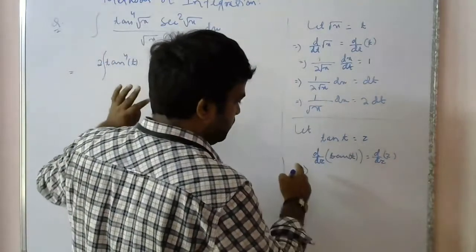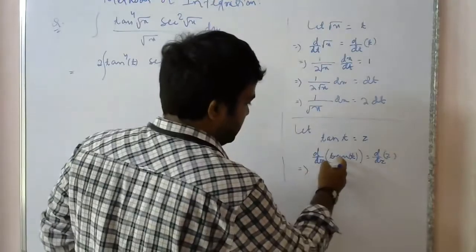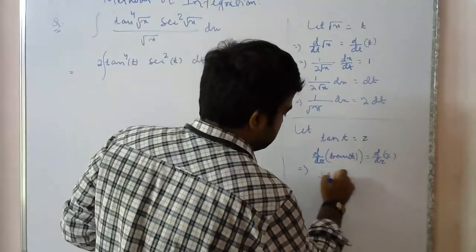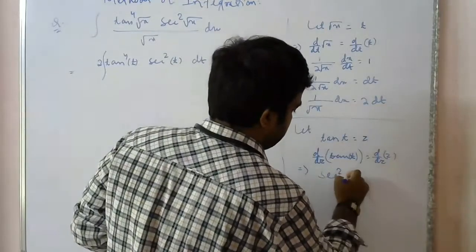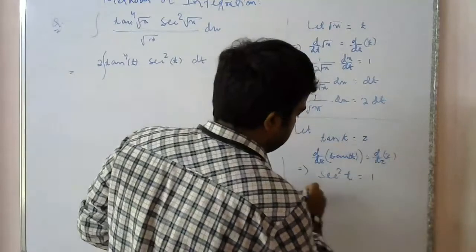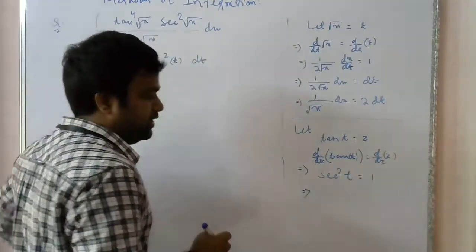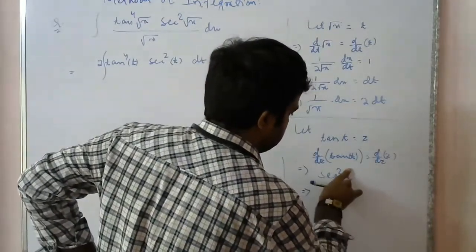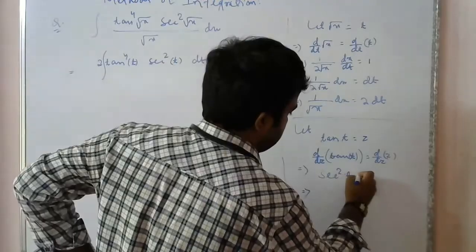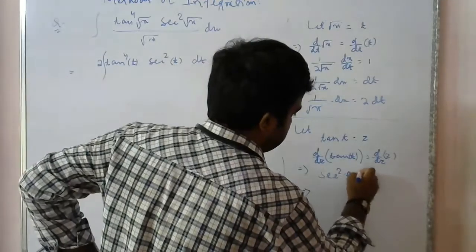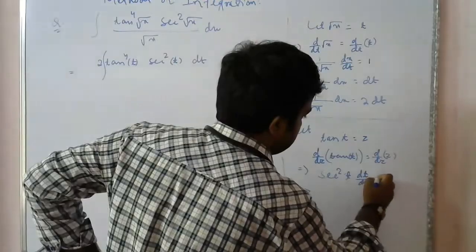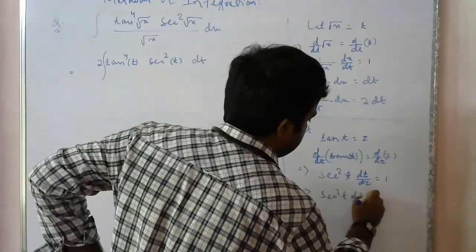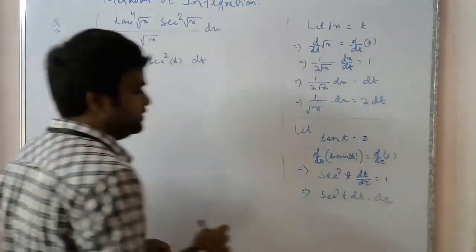Now tan t is converted. I have to convert sec square t. We know that the derivative of tan t is sec square t, and dt by dz is 1, or you can write sec square t dt is equal to dz.